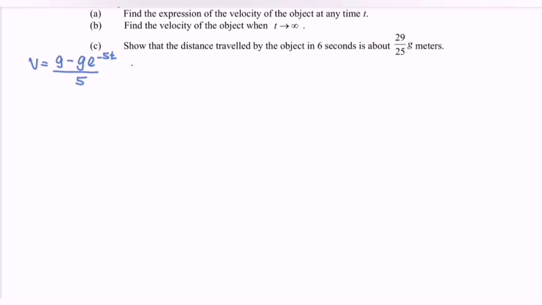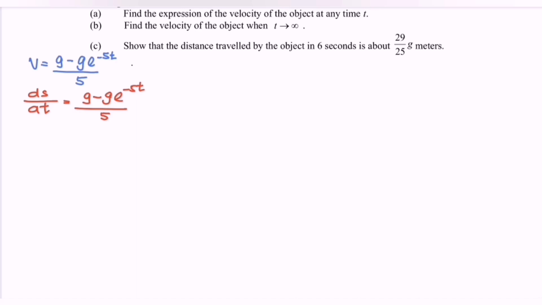Kindly refer to question C. Show that the distance traveled by the object in 6 seconds is about 29 over 25 g meter. If we refer to the situation, actually v is ds dt. So here we have g minus g multiplied with exponent negative 5t over 5. In order to find the distance, or we can say s, what we have to do is to integrate.